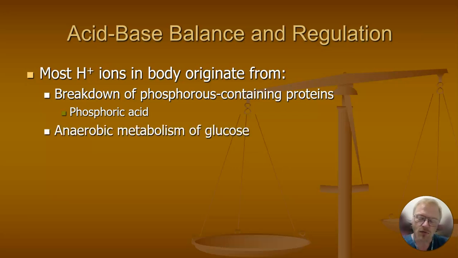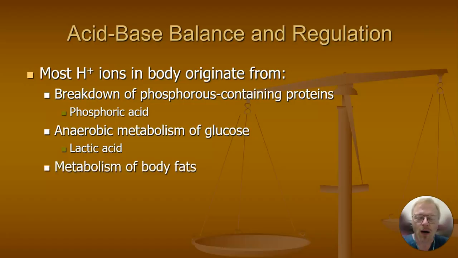Anaerobic metabolism of glucose. If you lift weights or you do a lot of workout and your arms are really sore or your legs get really sore, that's because you probably went into lactic acidosis. You were not getting enough oxygen to meet the demands.